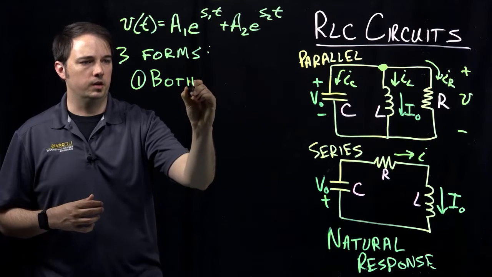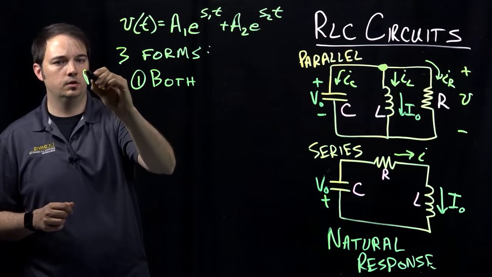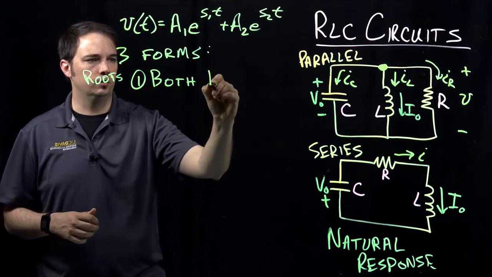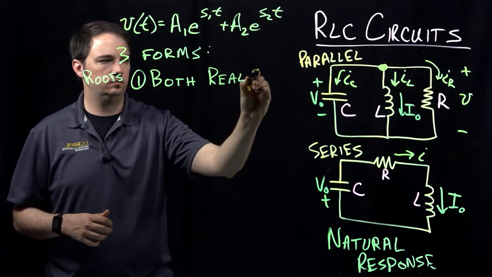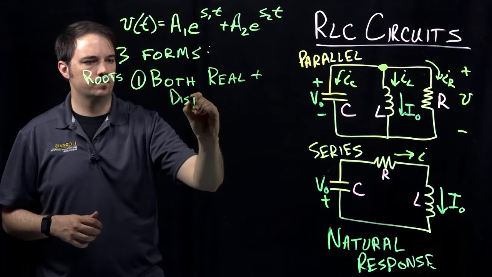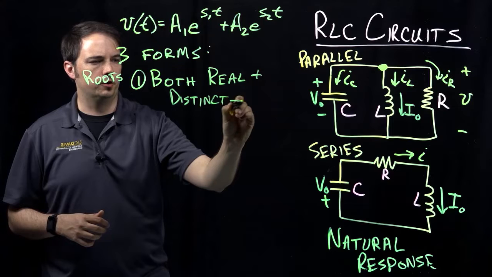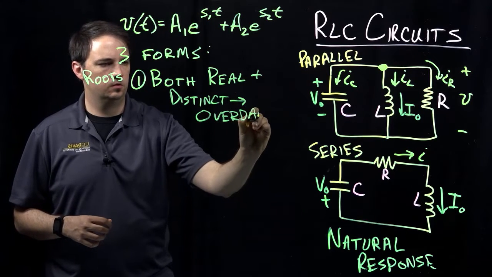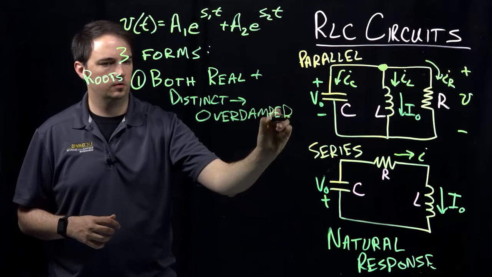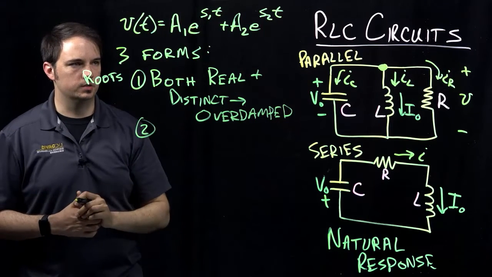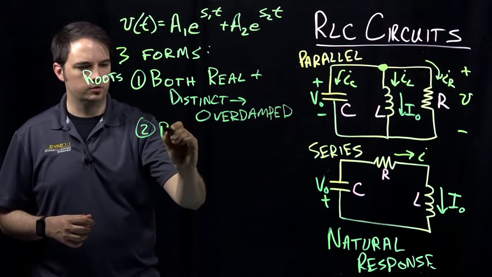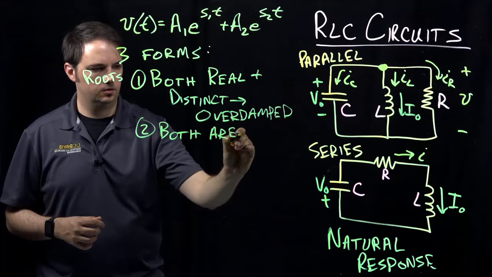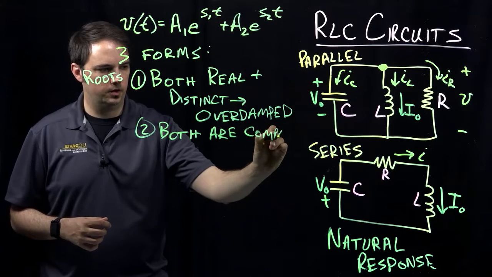So in one case, talking about the roots s1 and s2, they could both be real and distinct. And this would be what we call the overdamped response. The second option is that both of the roots are complex and still distinct.